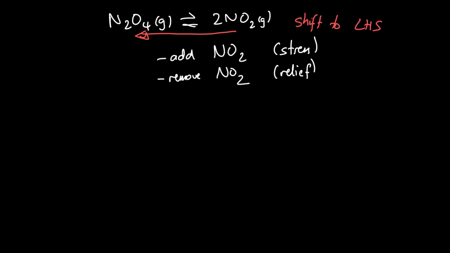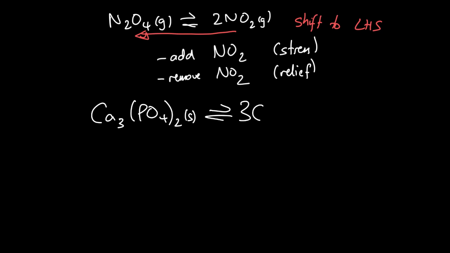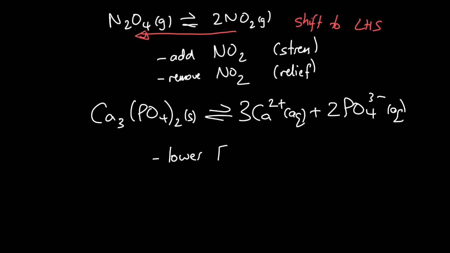If we look at another equilibrium, so for instance, the dissolution of calcium phosphate. So calcium phosphate is something like this, and it can dissolve and it can form calcium ions and phosphate ions. And maybe we go ahead and we lower the concentration of calcium. Okay, that is a stress.